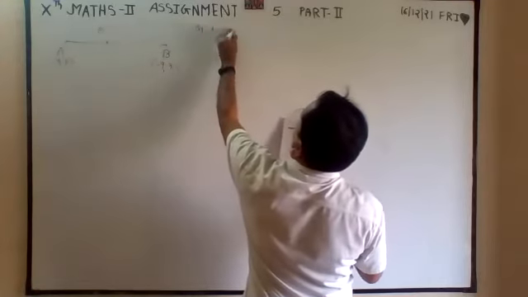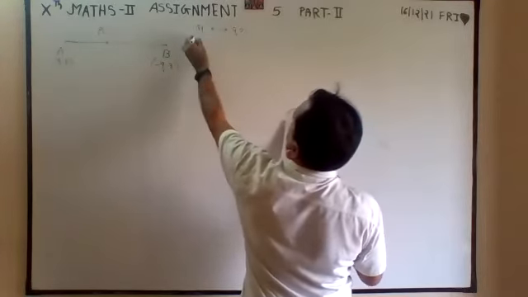By x-axis always you have to take A0. By y-axis always you have to take 0B. So it is by y-axis, so 0B.